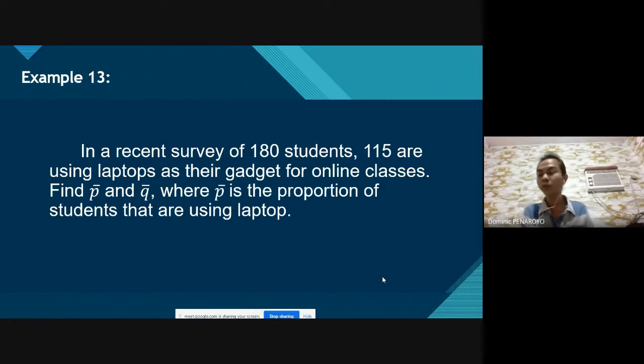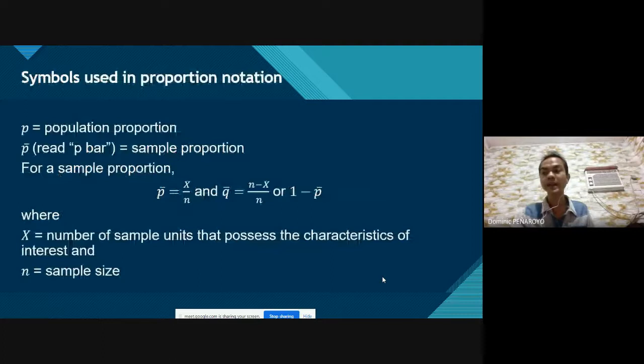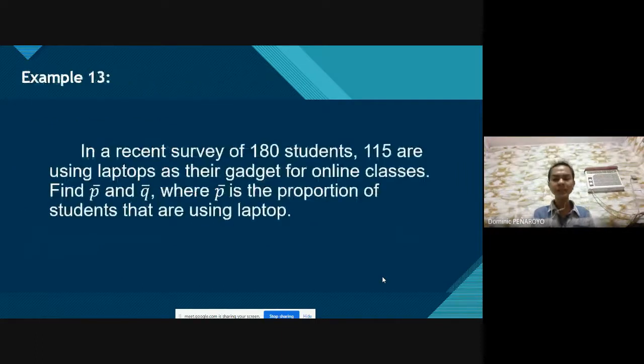Kasi yung ating formula in finding the P bar is capital letter X over N. Again, yung capital letter X is the number of sample units that possess the characteristics of interest. Madali lang naman ma-determine yung X dito, kasi yung X natin is, of course, less than the sample size.